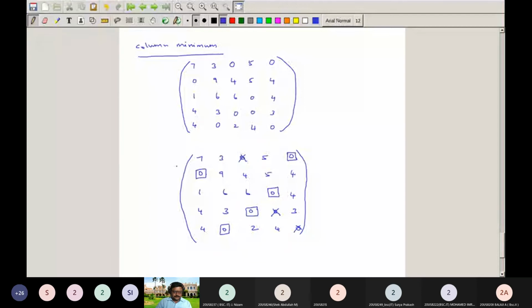The optimum assignment schedule. The persons are A, B, C, D, E and the jobs are 1, 2, 3, 4, 5.